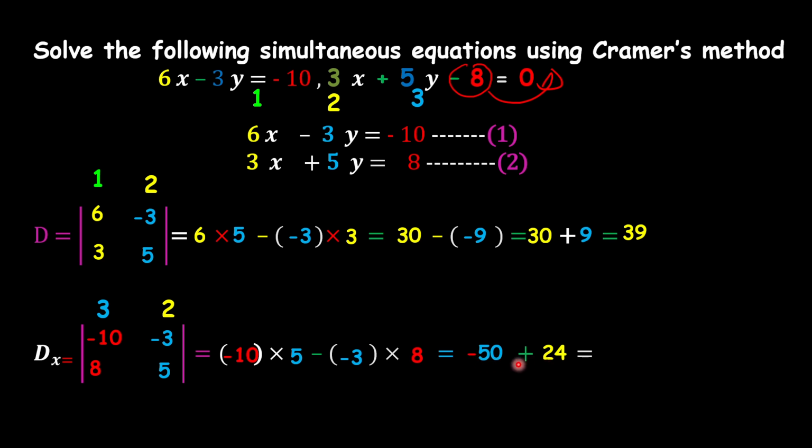That means these two numbers have opposite sign. We know that if the two numbers have opposite sign, then we take subtraction. Who is greater? 50 is greater than 24. Therefore give the sign of 50 negative, and 50 minus 24 is nothing but 26. Therefore value of dx is negative 26.